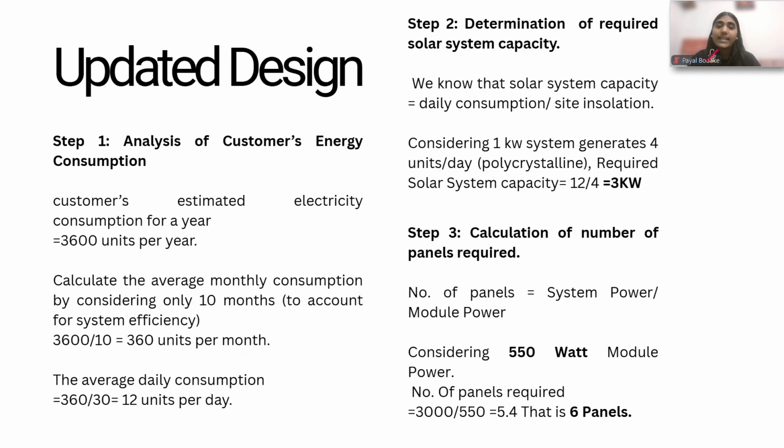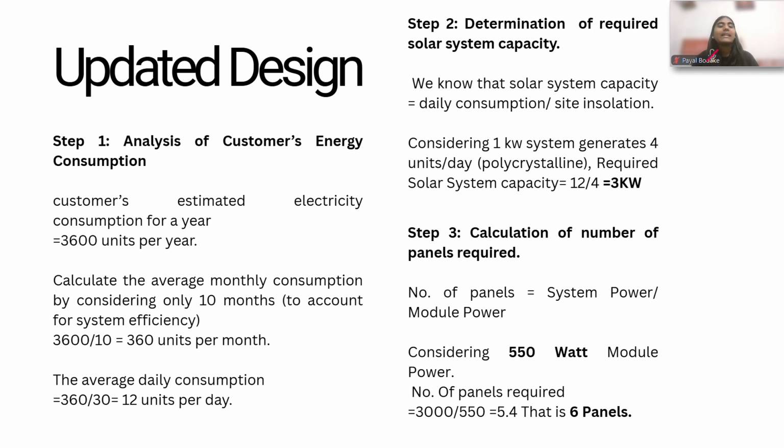Now, the updated design. We have to follow the same steps that we have followed earlier. We already have the yearly consumption, that is 3600 units per year. Now we'll calculate the average monthly consumption by considering the 10 months, which is equal to 360 units per month. By dividing by 30, we get the daily consumption, that is 12 units per day.